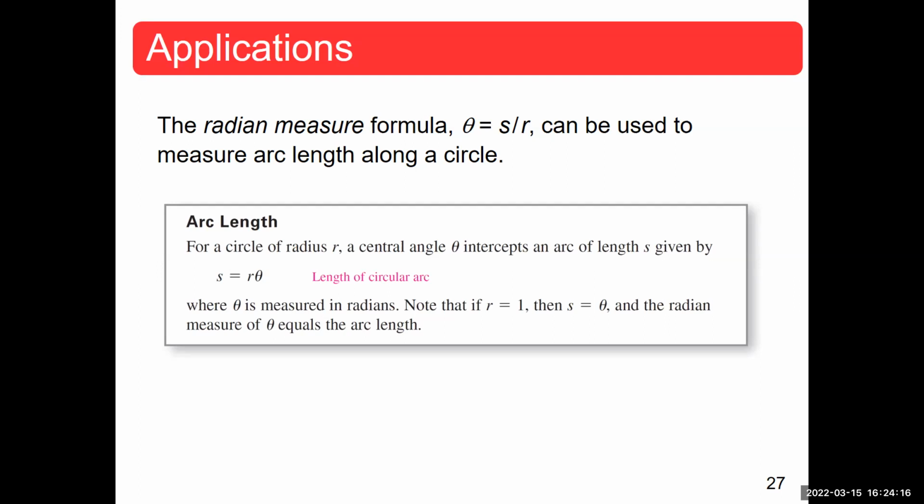Remember, we said that for a circle, if I have an angle theta, and this is radius r, and the curve here is s, S is equal r theta. Theta must be radian. Otherwise, it will not work.